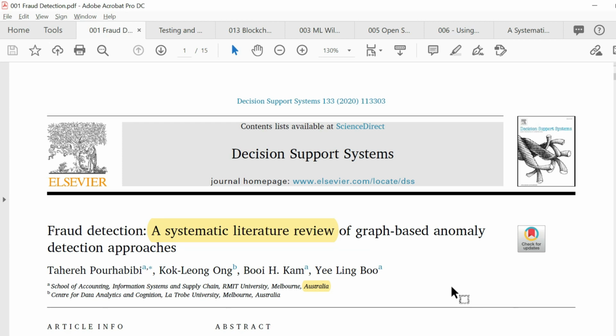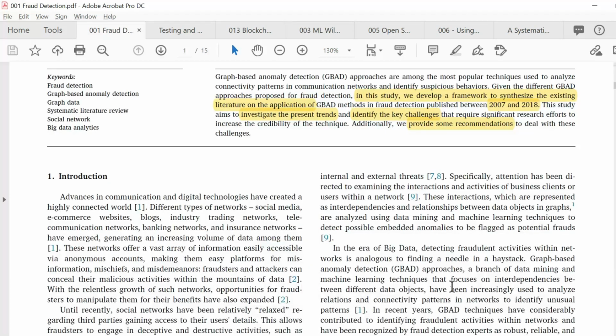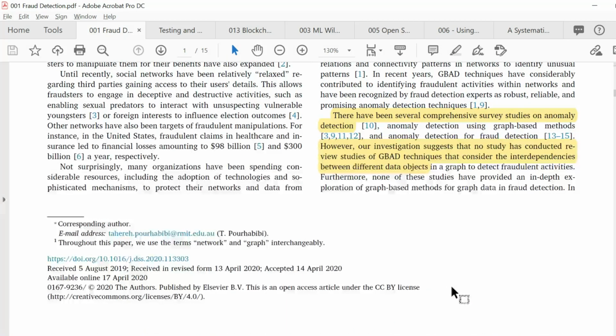It's published this year. And I would like to show you where they have written the summary of existing reviews. If you see this highlighted yellow part, it says there have been several comprehensive survey studies on anomaly detection using graph-based methods, and anomaly detection for fraud detection.